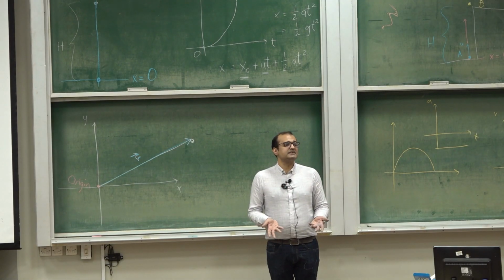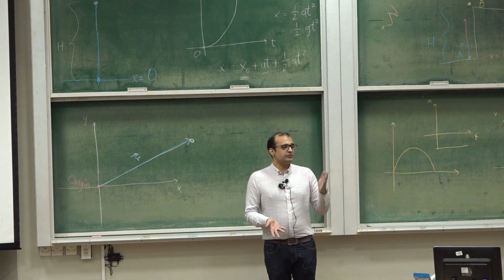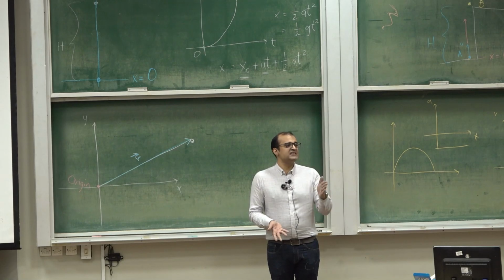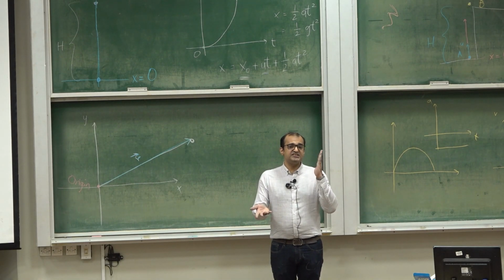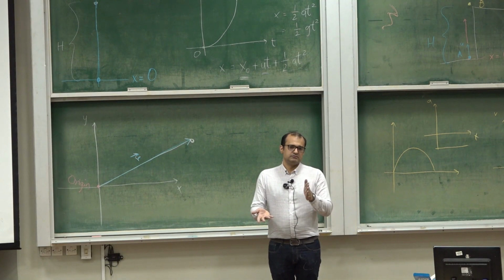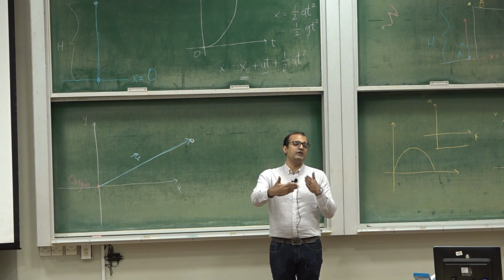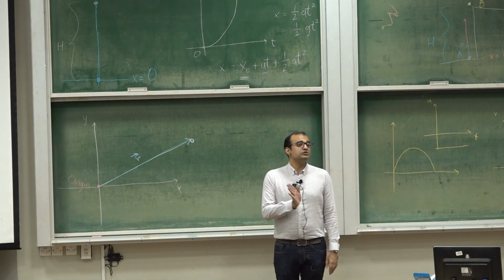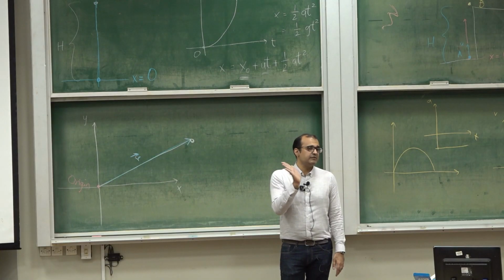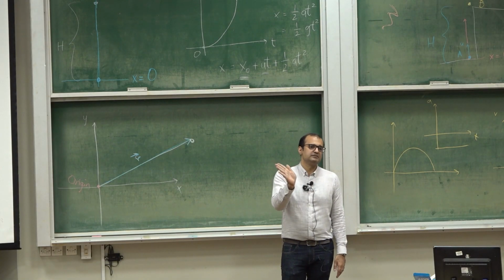That's what I mean by adding vectors. You take your first vector that describes the change in position, aka displacement. A displacement is a change in position vector. So you take your first displacement, you take your second displacement, and now I know how to add these two vectors. That's your total displacement, and I have some idea what I mean by total displacement.